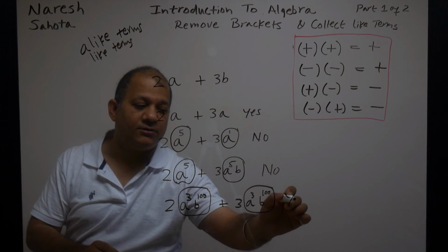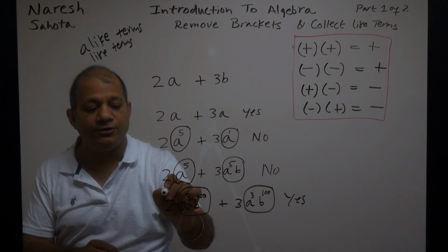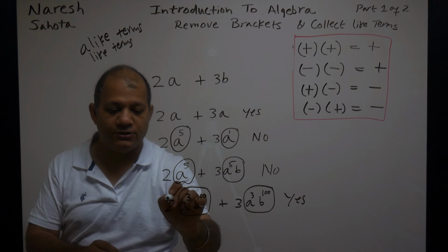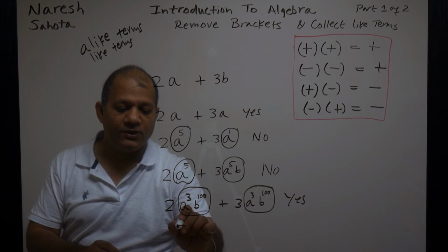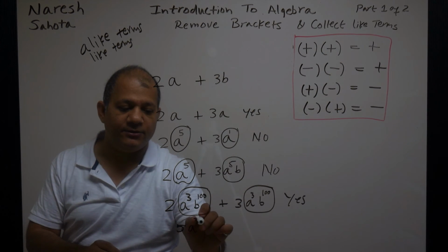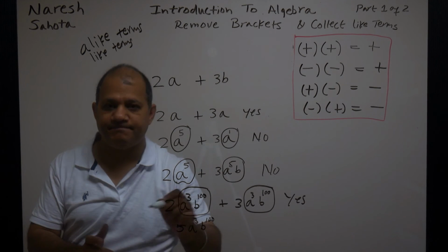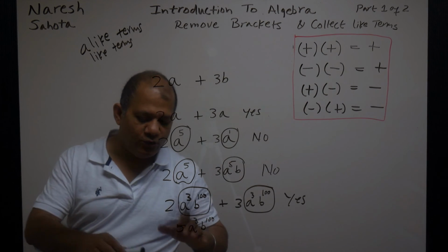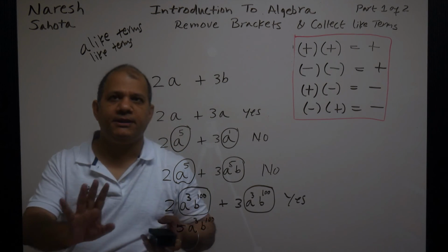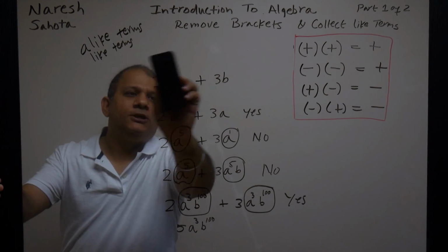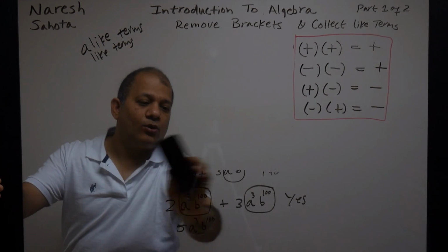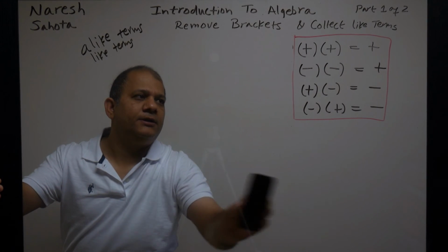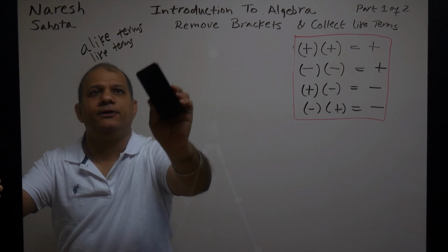So then these terms are alike. All I have to do is add the coefficients. 2 plus 3 is 5. So the answer will be 5a to the 3, b to the 100. Okay. So we got a little bit ahead of ourselves, but that's okay. It's always good to learn a little bit more that you will learn in the later units.